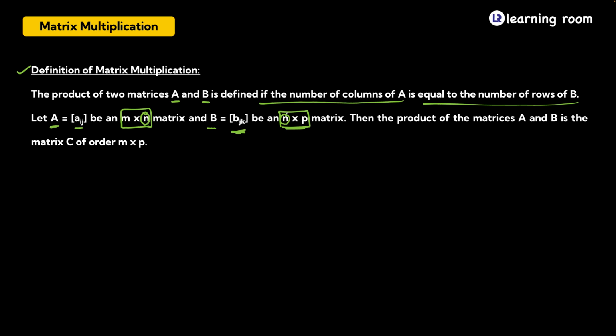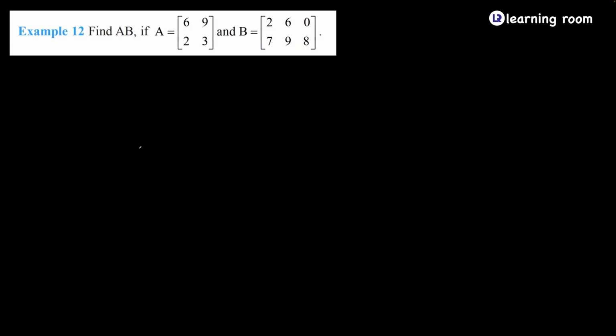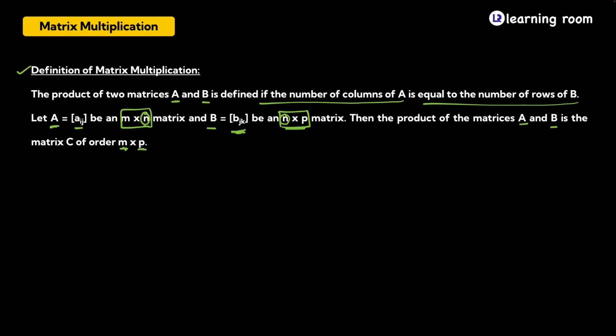So A is of order M cross N, B is of order N cross P. Then the product of the matrices A and B is a matrix C of order M cross P.